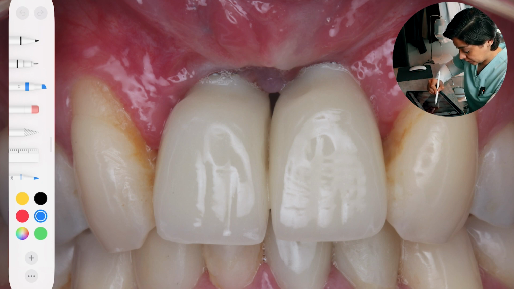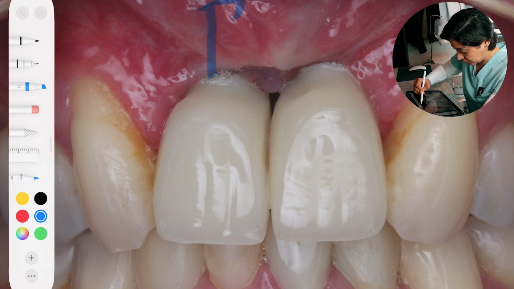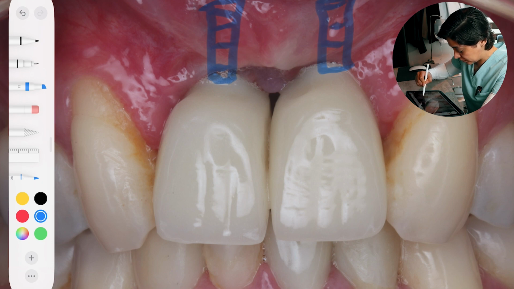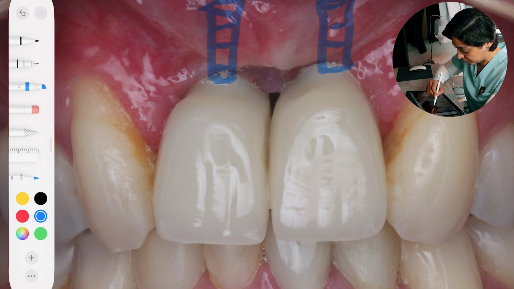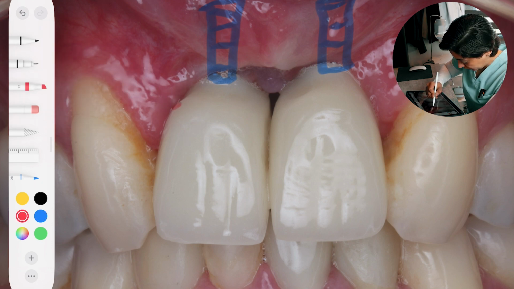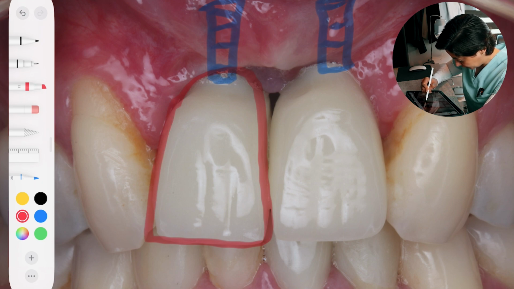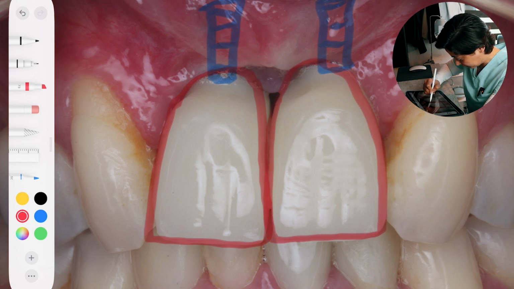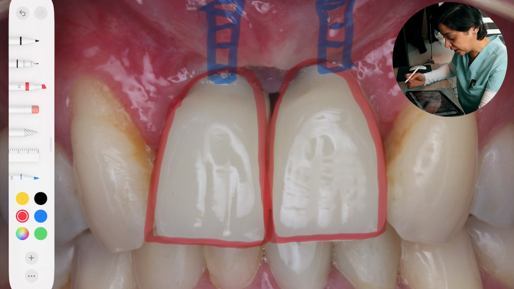So we see that this is a dental implant. This is another dental implant, which is inside his bone, and we don't see it, of course, but we see the crowns, and we see that the crown is really big. They're not even the same size, and they're not aesthetic good looking.